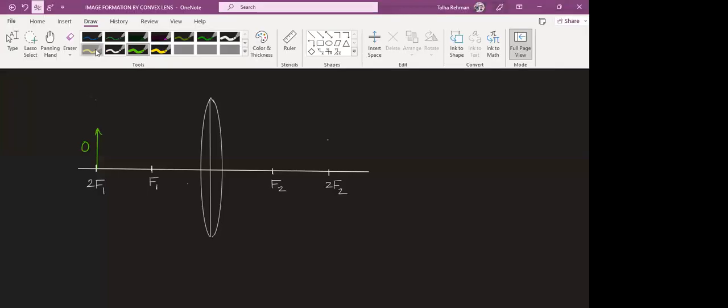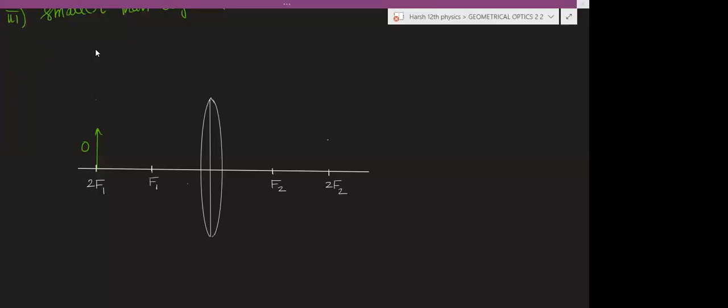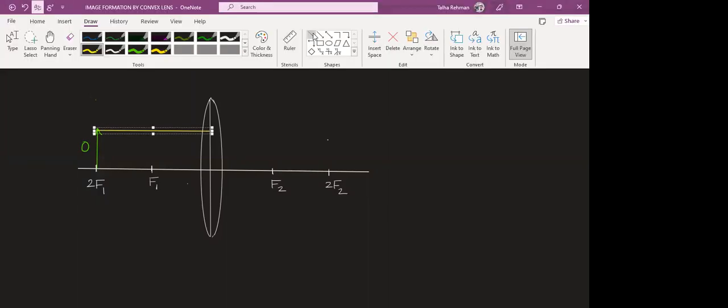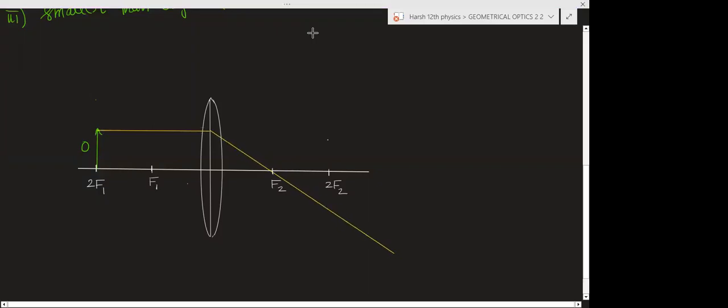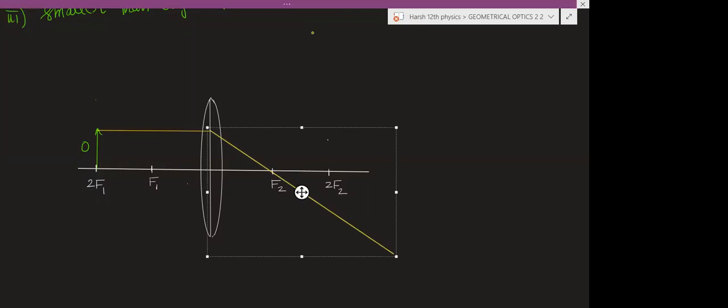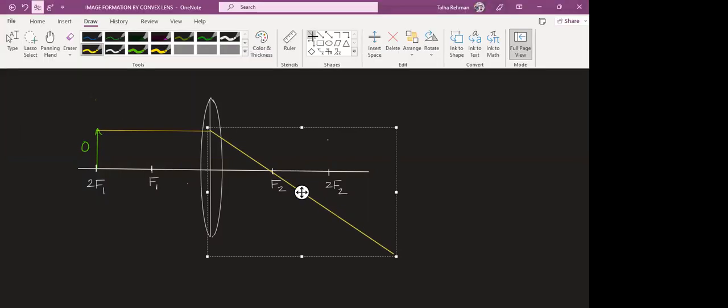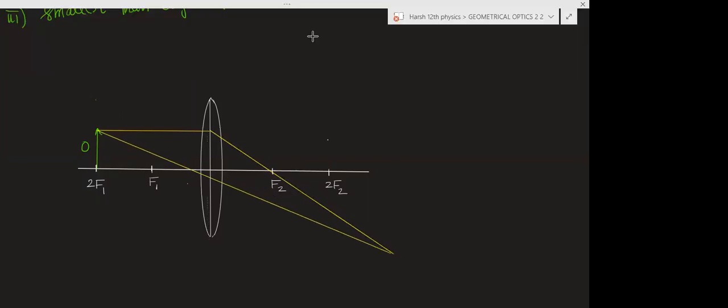Now from this object, for the ray diagram, there is a requirement of two rays. The first ray is like this, parallel to the principal axis, and whenever a ray of light is parallel to the principal axis, it will pass through the focus. And another ray of light from the object is passing through the optical center. So here the image will form at this point.